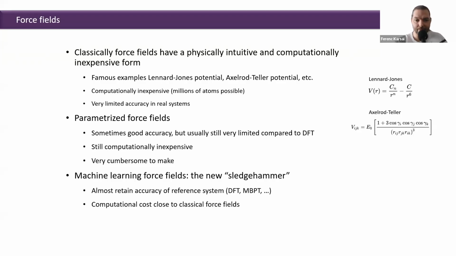But at the same time, the execution time is more or less close to the parameterized force fields, not to the very simple, but to the parameterized, more complex force fields. Another strong point of these force fields is that they are very easy to make compared to the parameterized force fields, because they need really low to no human intervention.